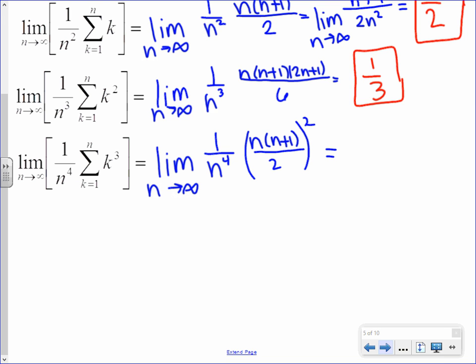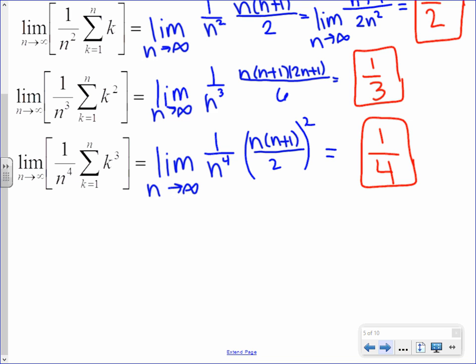So in our numerator, we're going to have n to the 4th, blah, blah, blah. In our denominator, we're going to have 4n to the 4th. Trevor, what's our limit? Yes, it is. Okay? You will see those 4 limits pop up in your Riemann sums.